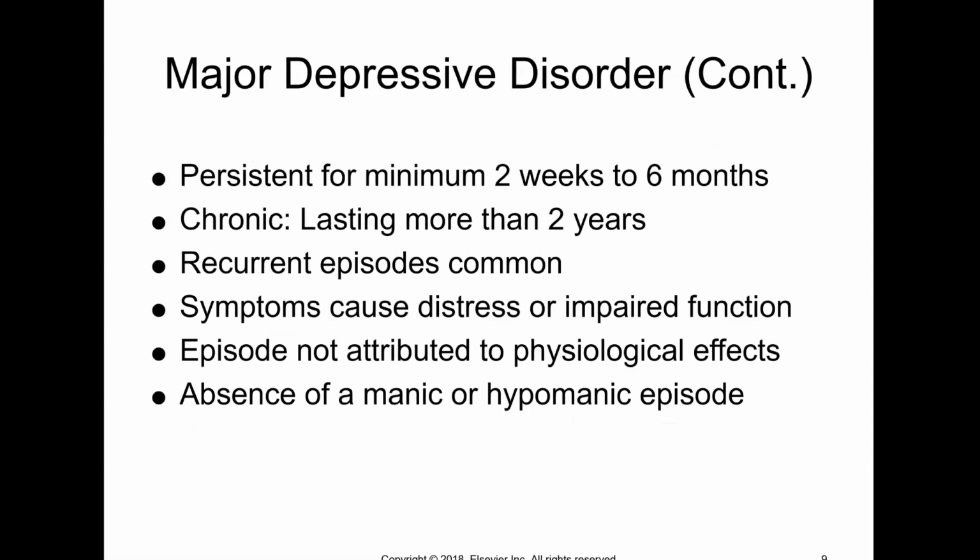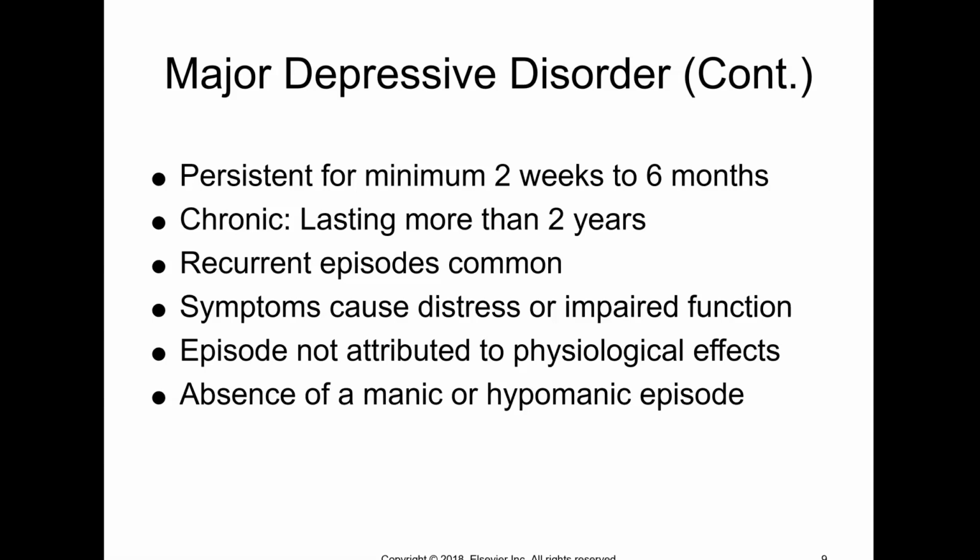So major depressive disorder, a persistent diagnosis is from 2 weeks to 6 months. Somebody with chronic major depressive disorder has had it for more than 2 years. Recurrent episodes are common. People with major depressive disorder may go through periods of their life where they're fairly asymptomatic.